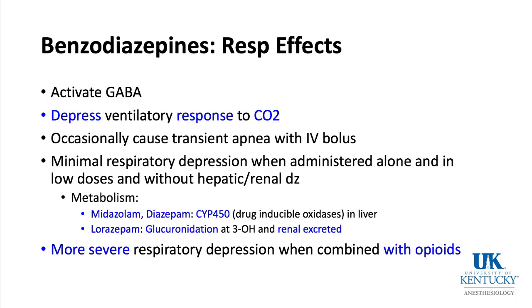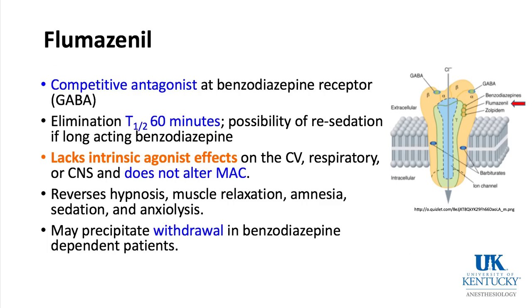There's more respiratory depression associated with benzodiazepines when you combine them with opioids. So fentanyl plus midazolam, of course, is more of a respiratory depressant than just midazolam alone. Now, if you give too much of a benzodiazepine or someone comes in with a benzodiazepine overdose, Flumazenil is a competitive antagonist at the benzodiazepine receptor, the GABA.